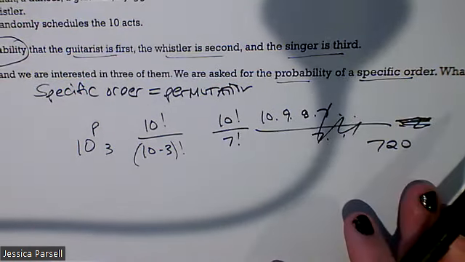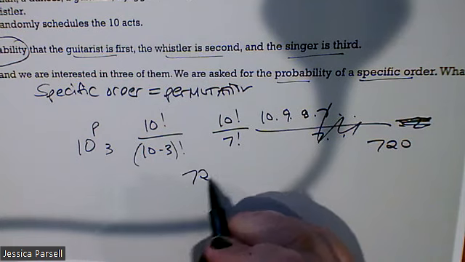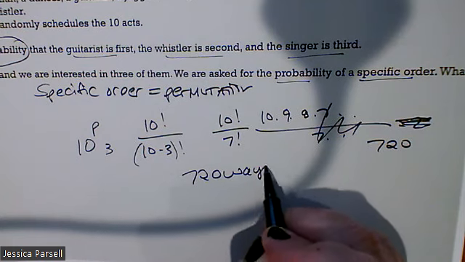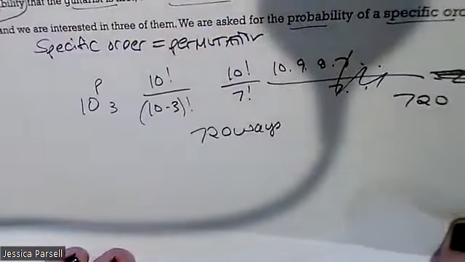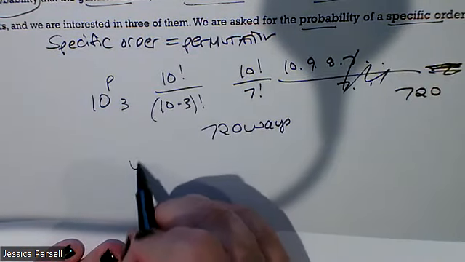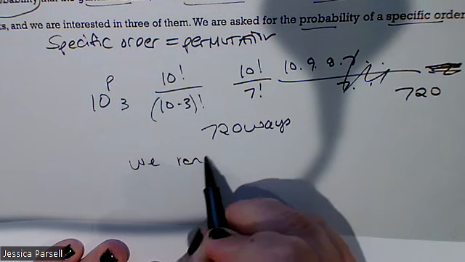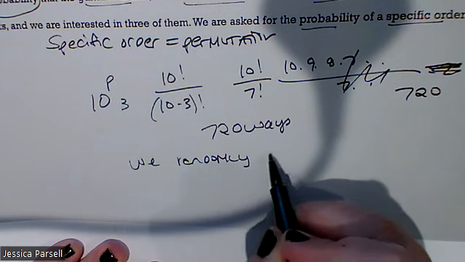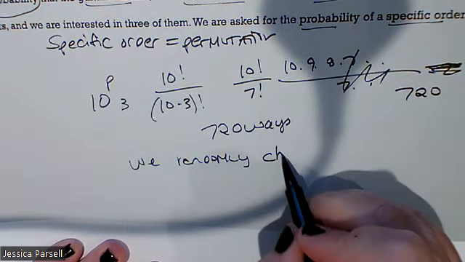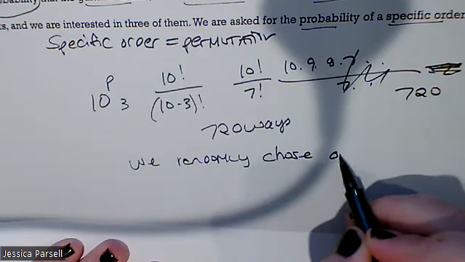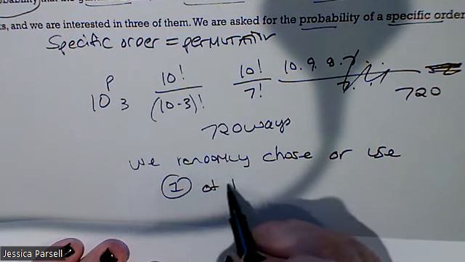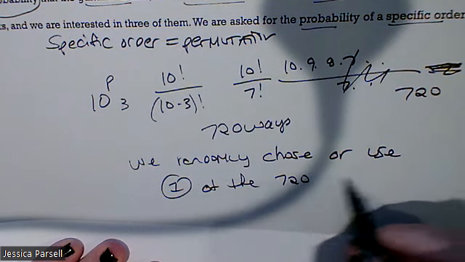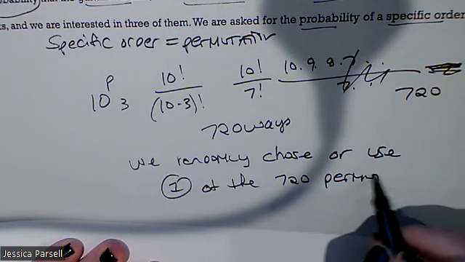Okay, now they ask for the probability that the guitarist is first, the whistler is second, and the singer is third. That's a probability. So we know there's 720 ways this could be done if the order of the acts matters. But we are going to randomly choose or use one of these 720 permutations.